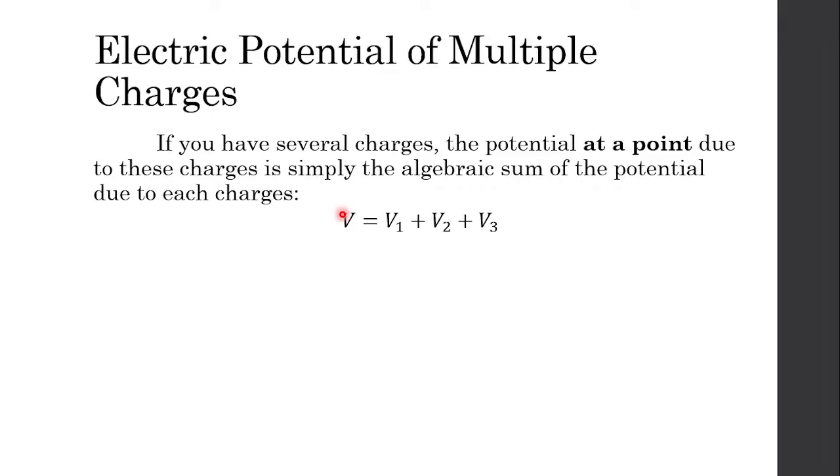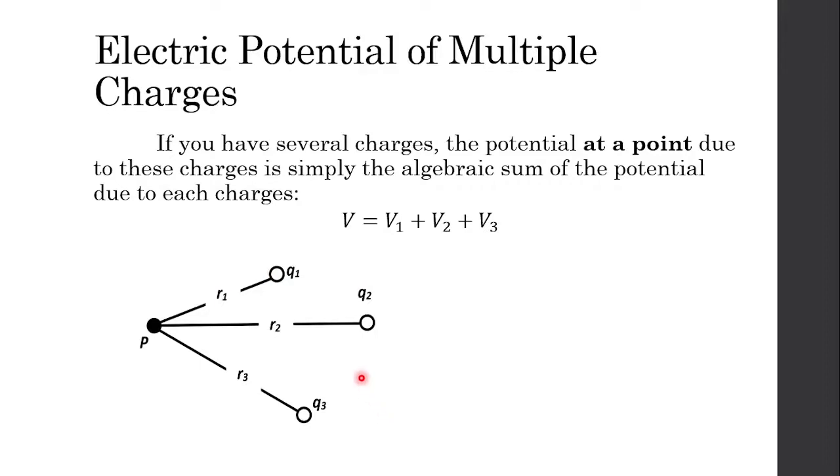In order to find the total electric potential when you have multiple charges, you just find the individual electric potential of each of those charges and add them all up, and that's how you get the total electric potential.